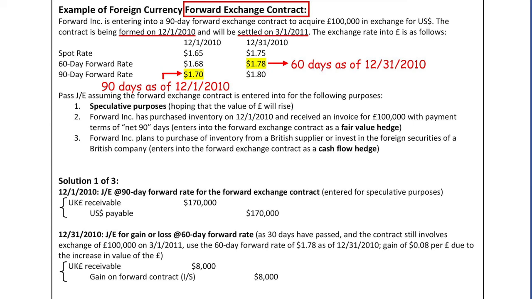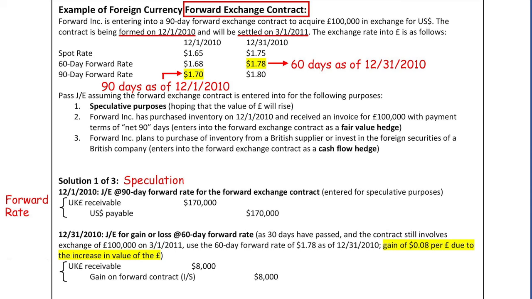Looking at the first part of the solution, right there, speculation. On 1st December, when the contract is being formed, we're going to use forward rate. On 31st December 2010, highlight gain of 8 cents per pound due to the increase in value of the pound.